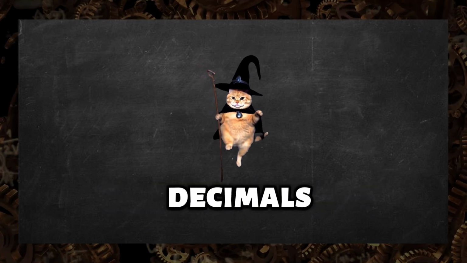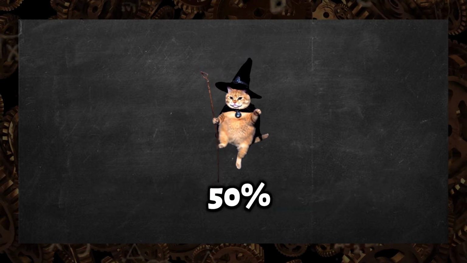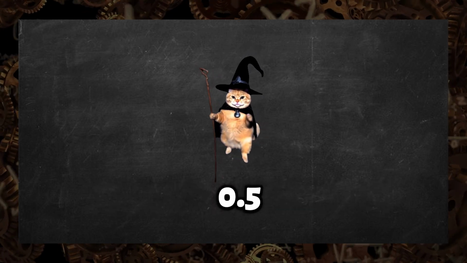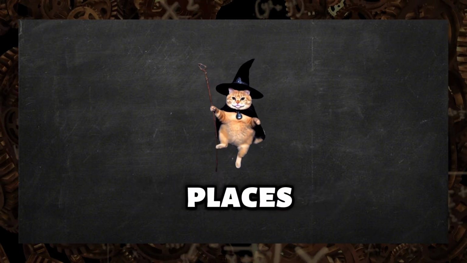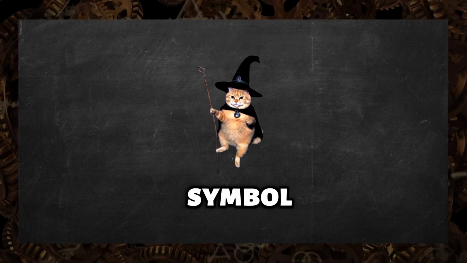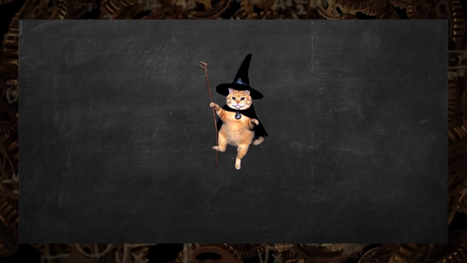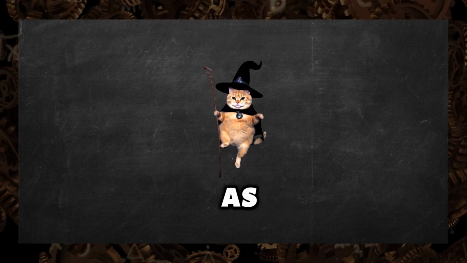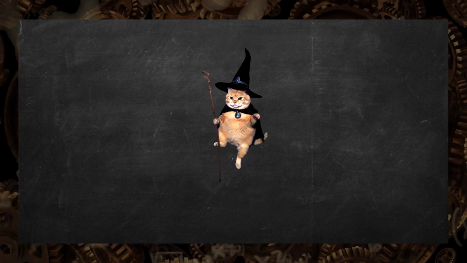Percentages bridge decimals and fractions, representing per hundred, so 50% is 0.5 or 1/2, converted by moving the decimal 2 places right and adding the symbol. Finding percentages involves multiplying, like 20% of 80 as 0.2 times 80 equals 16.